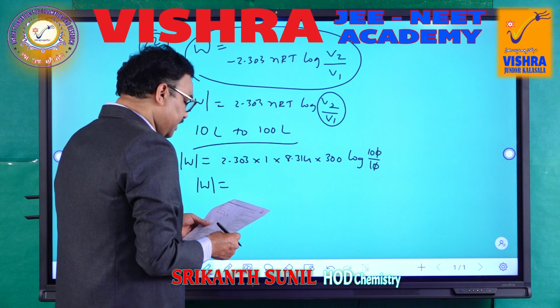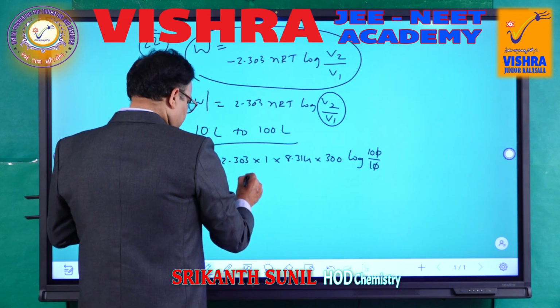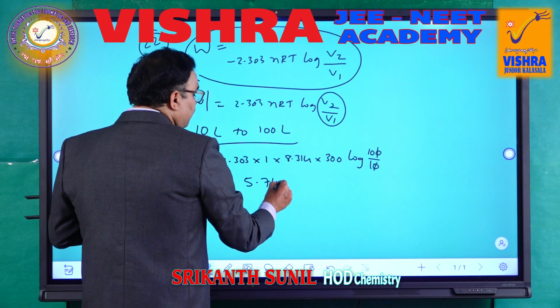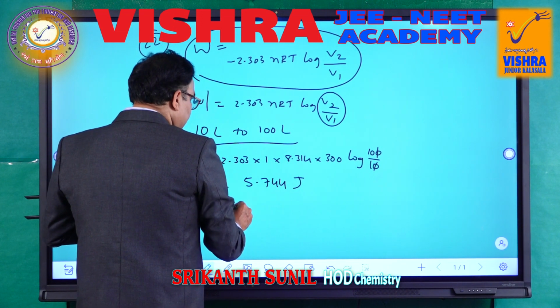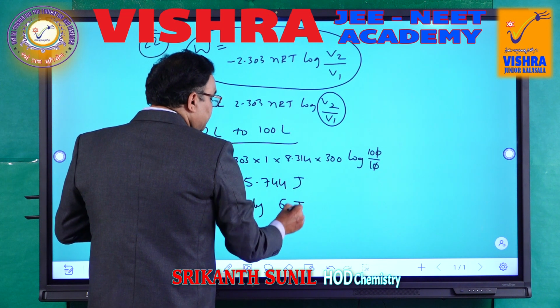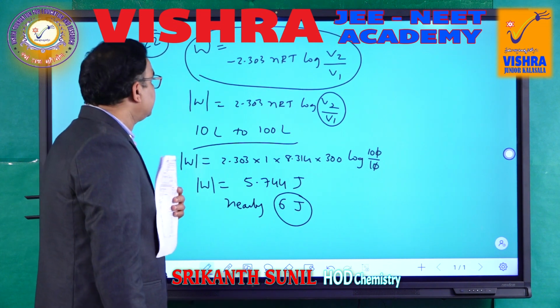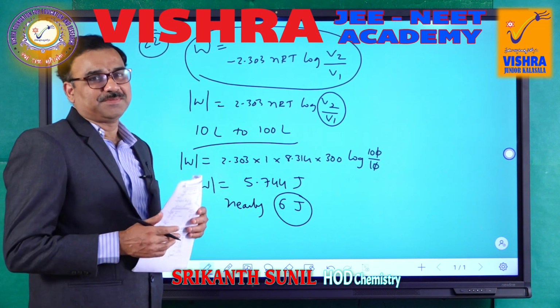Finally, you are going to get the value like this. Nearly, this one will give 5.744 joules. So nearly it is 6 joules. So 6 is our integer type of answer for the 22 question.